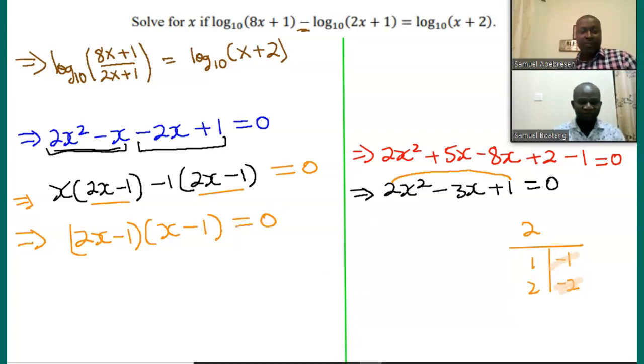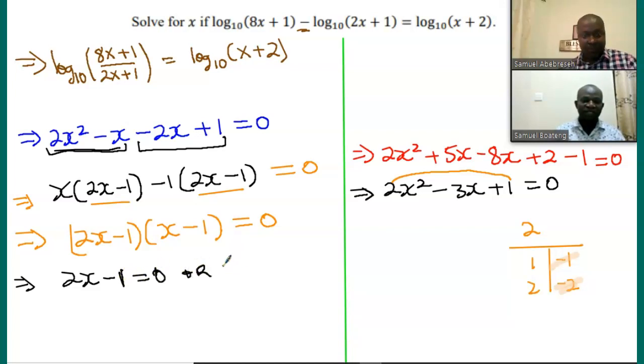So remember, this implies that 2x minus 1 equal to 0, or x minus 1 equal to 0. 2x is equal to 1.